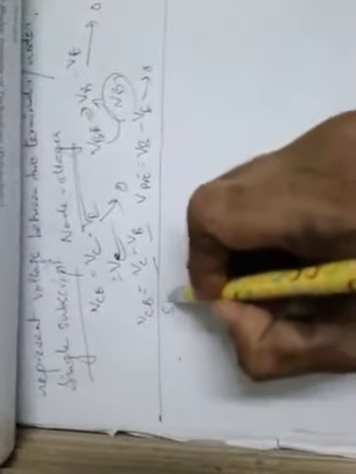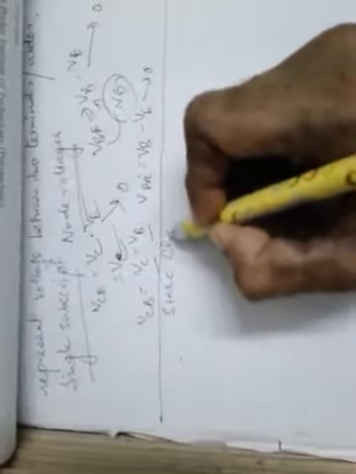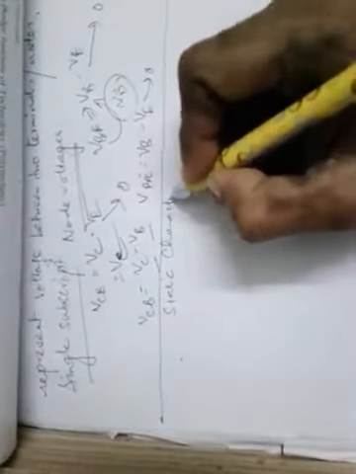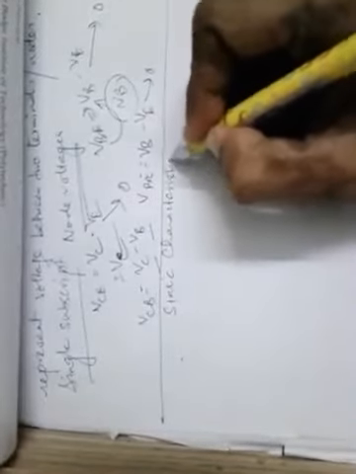Now the next point of discussion is transistor static characteristics. What are the static characteristics of a transistor? Alternately called IV characteristics, meaning current-voltage characteristics.